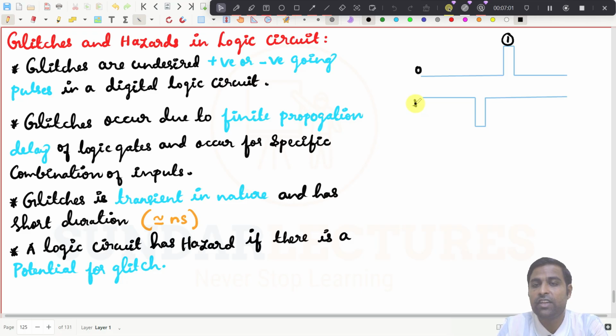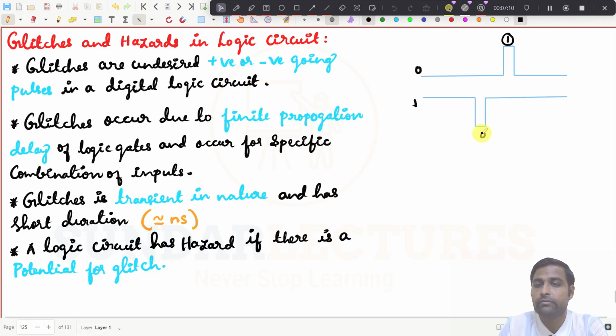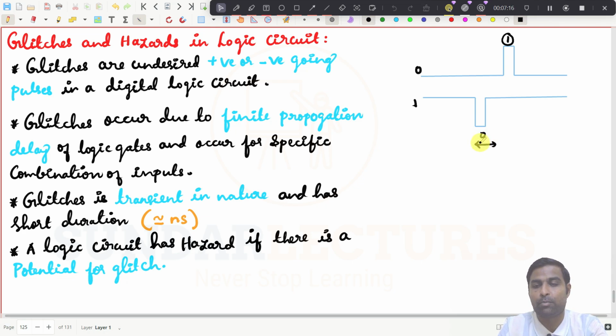And this is also possible. For example, if the desired output of the logic circuit is 1, it will hold on to 1 for a moment, then it will go to 0 here, and then it will come back to 1 again. It is happening because of the changing input, right? So the desired output is 1 here, but it goes to 0 for a particular moment, and the desired output is 0 and it goes to 1 for a particular moment.